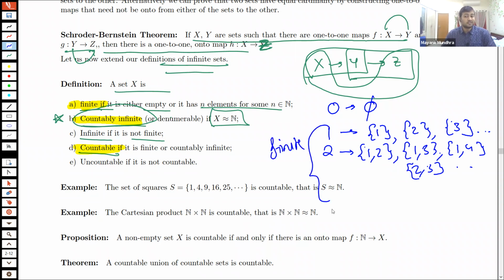Then comes the size of the first infinite set. That is the sets which have the same size as natural numbers. So it's going to be sets like the natural numbers themselves. The set N is basically the numbers 1, 2, 3, and so on. This has the same size as natural numbers.